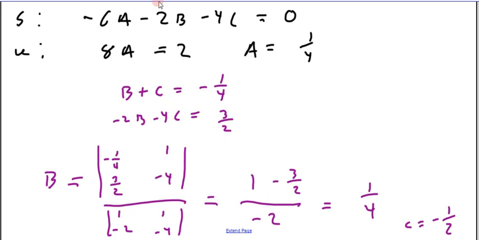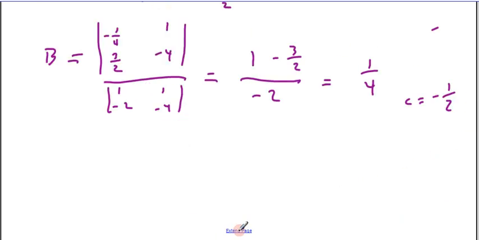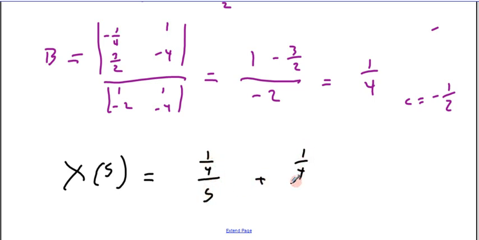Okay? So I've got x of s, is it x of x? Yeah, x of s is equal to 1/4 over s plus 1/4 over s minus 4 minus 1/2 over s plus 2.